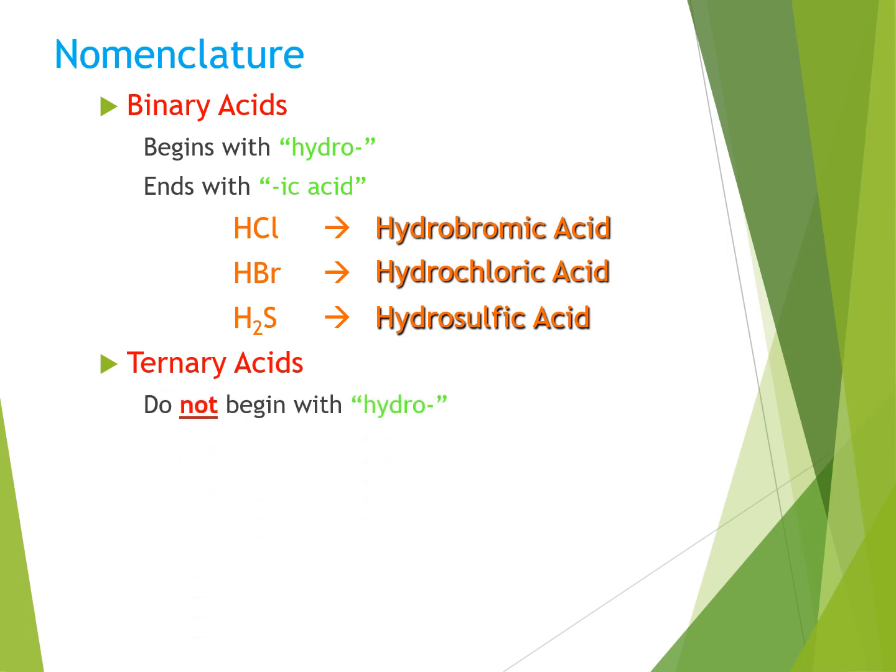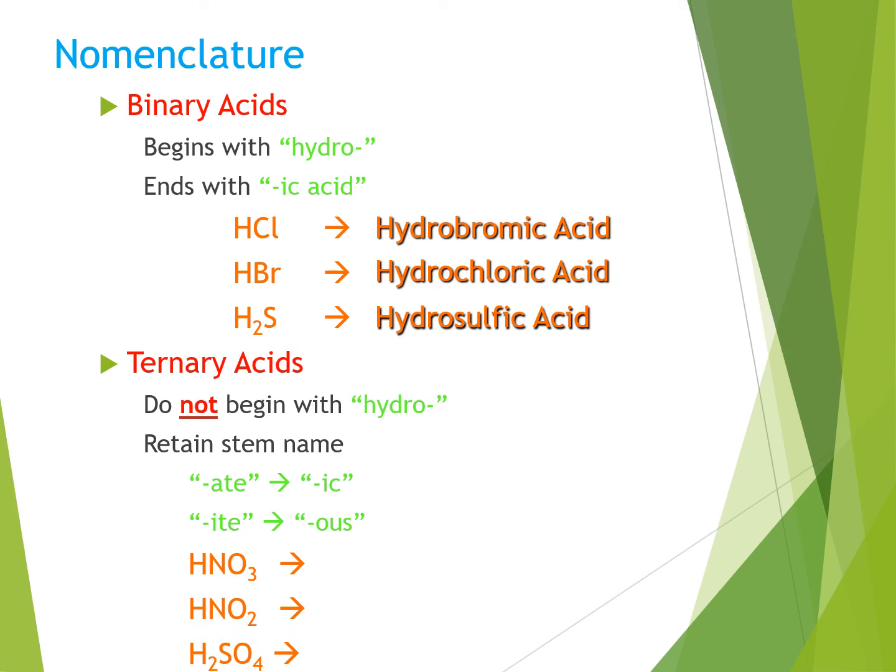Now, the ternary acids, these are the ones that have hydrogen and a polyatomic ion. What we do is we don't use hydro. That is the big difference. And we keep the stem name. From there, if the polyatomic ion ends in ate, it becomes ic acid. If it ends in ite, it becomes ous acid.